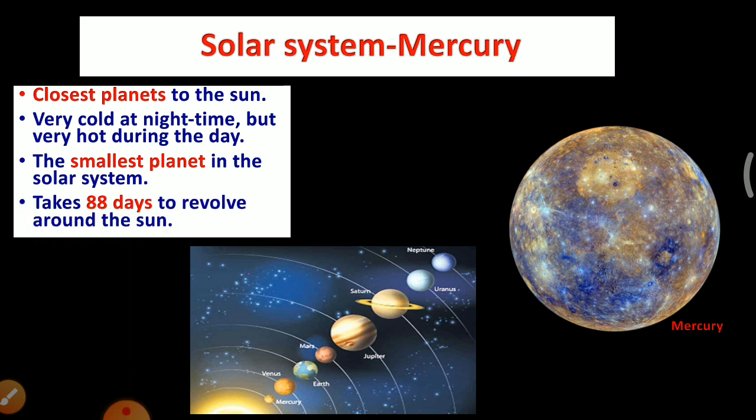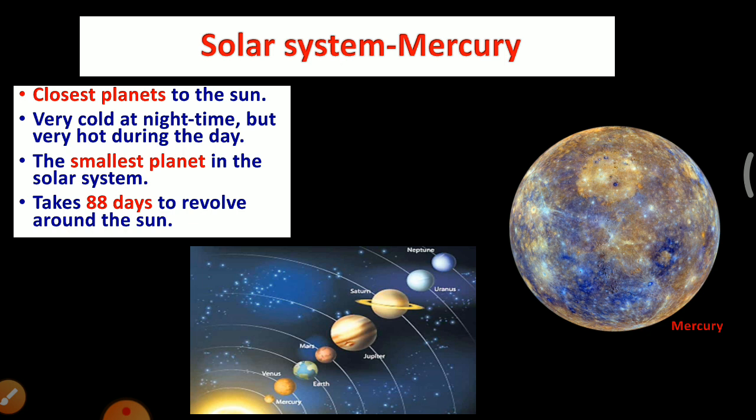It takes 88 days to revolve around the Sun. Every planet revolves around the Sun. For completing one revolution, it takes 88 days. I hope you understood what is meant by Mercury, where it is placed, how it looks.